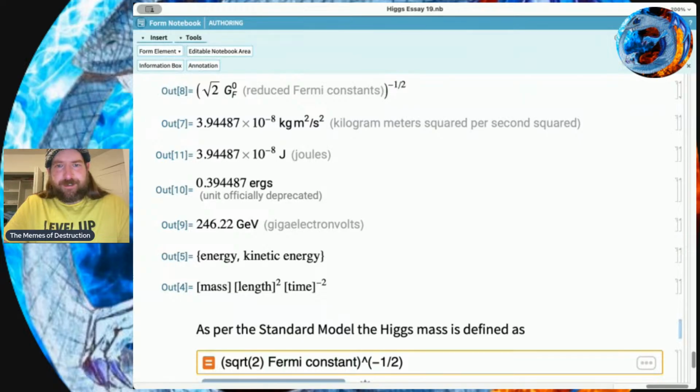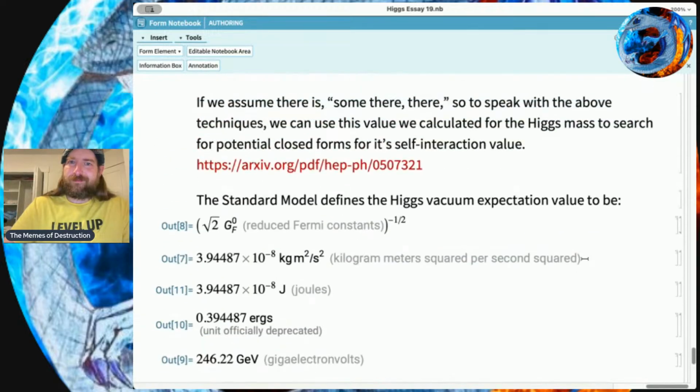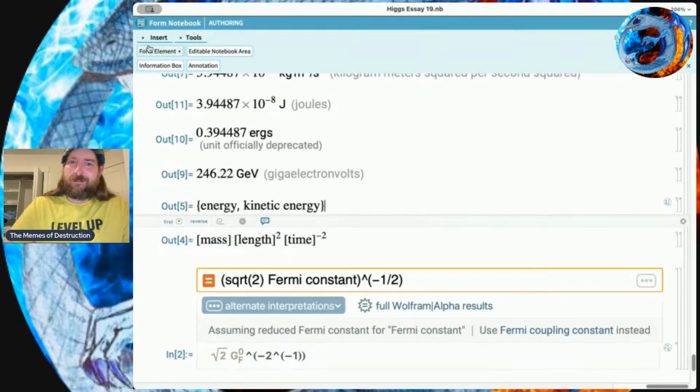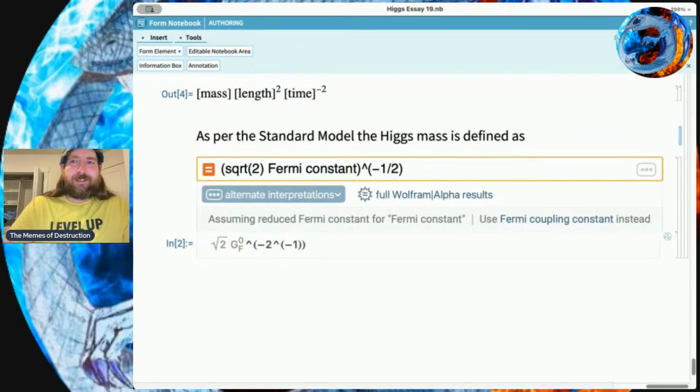Not that one. All right. Lambda zero equals lambda standard model equals lambda again.